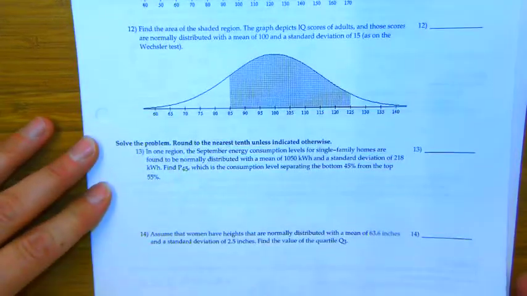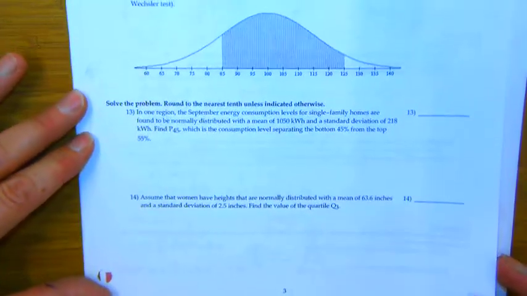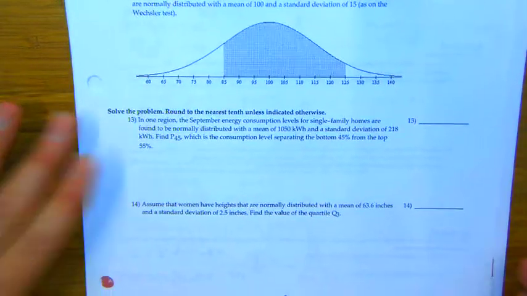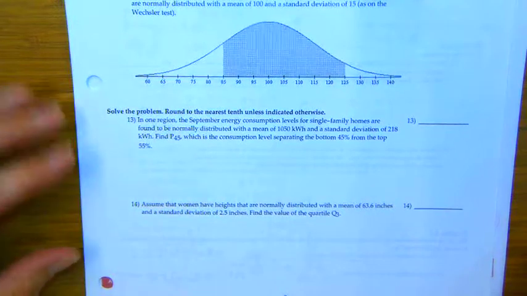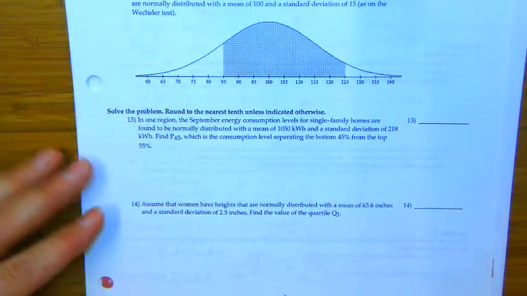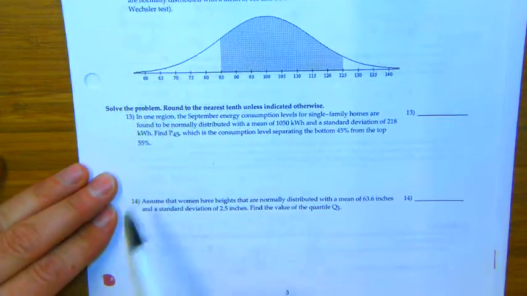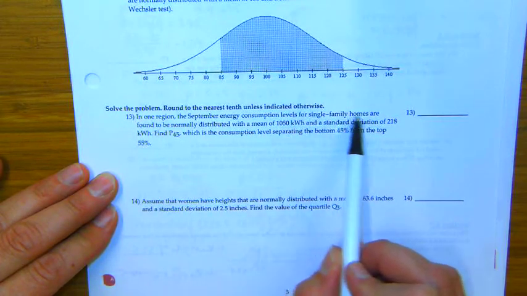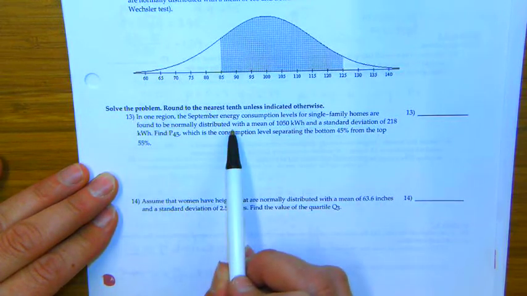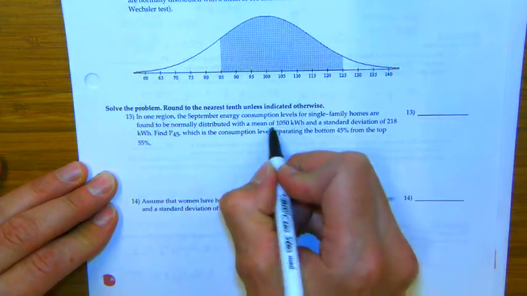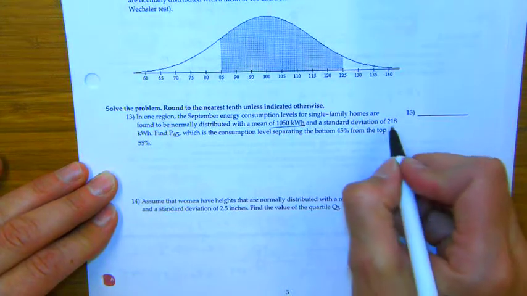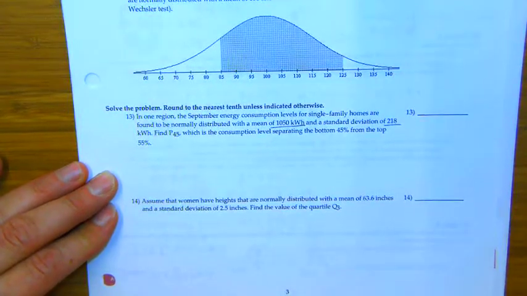We're going to go over one more question, and that is number 13 down here. This time we have an area given. We're trying to find an X value that's associated. So let's read the problem. In one region, the September energy consumption levels for single-family homes are found to be normally distributed with a mean of 1,050 kilowatt hours and a standard deviation of 218 kilowatt hours.